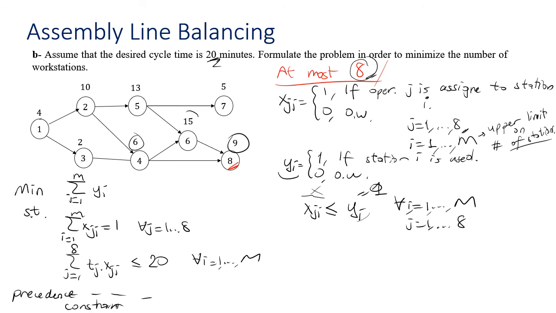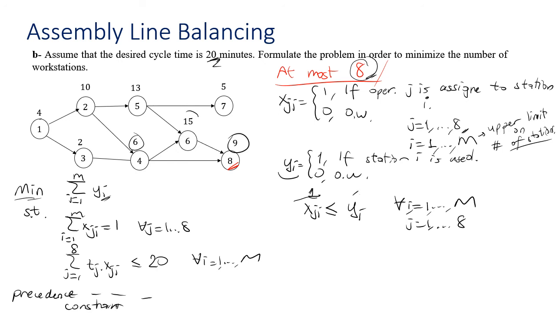If it is 1, then I can assign. So if it is 1 but I don't assign anything, this objective tries to minimize it. Why would it make it 1? If nothing is assigned here, because of this objective, it will automatically set the value of yi equal to 0. But if at least one task is assigned to a station, then because of this constraint, yi should be equal to 1 as well.